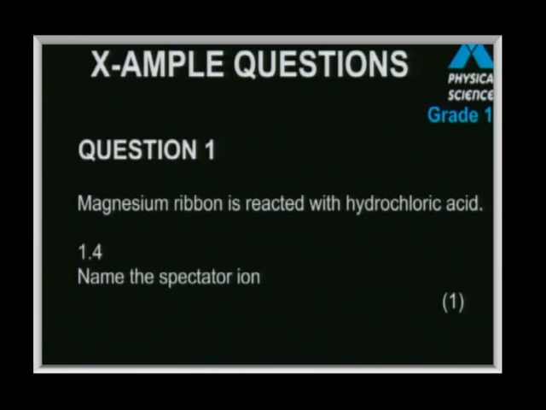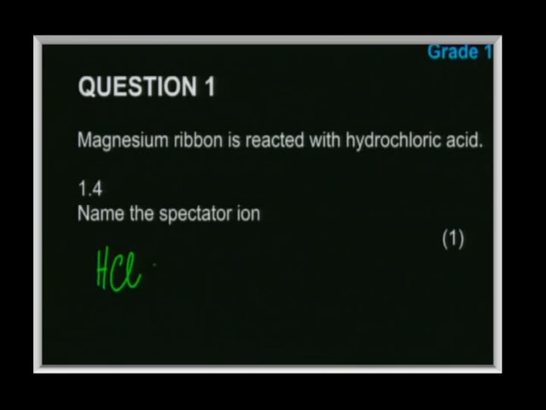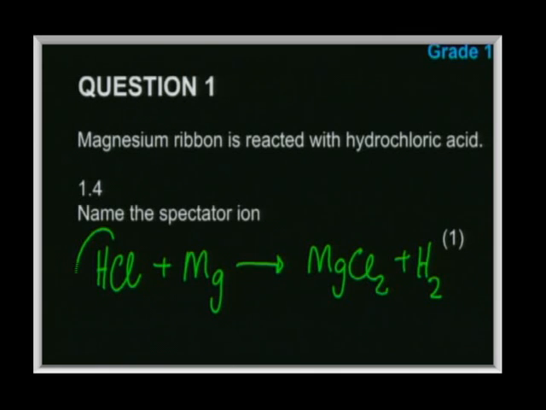Question 1.4 asks us to name the spectator ion. The spectator ion, as I mentioned, is the ion that does not take part in the reaction at all. If I give you the reaction again very quickly, we started off with HCl that reacted with the magnesium, and that gave us magnesium chloride, and we had hydrogen gas over here. Now we noticed that hydrogen went from being a +1 to a 0.